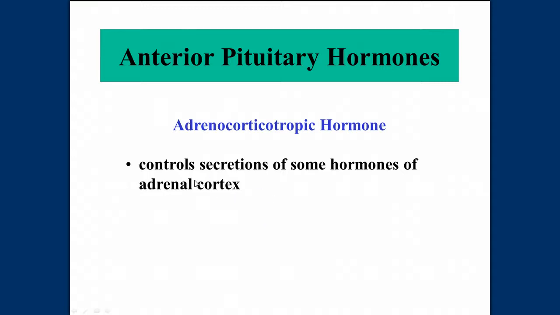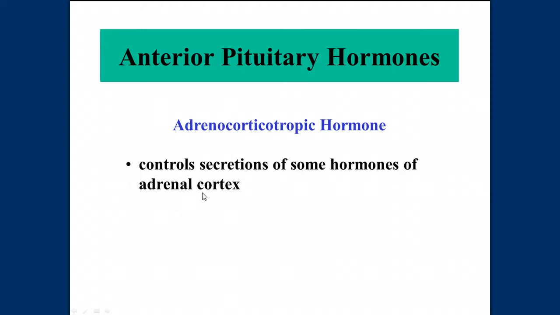And so the outer layer of the cells are affected by the adrenocorticotropic hormones, and so the target cells would be in the adrenal cortex, the outermost layer of cells in the adrenal gland of the kidneys.